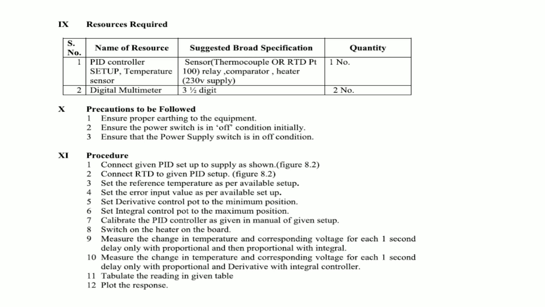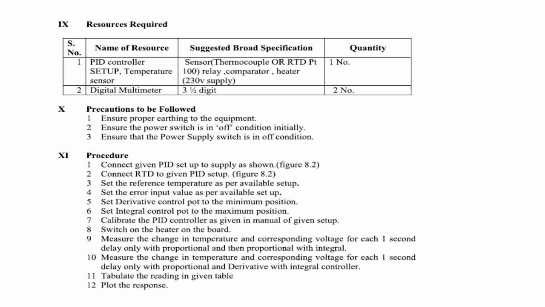Measure the changes in temperature corresponding voltage for each 1 second delay only with proportional and then proportional with integral. Measure the change in temperature and corresponding voltage for each 1 second delay only with proportional and derivative with integral controller.